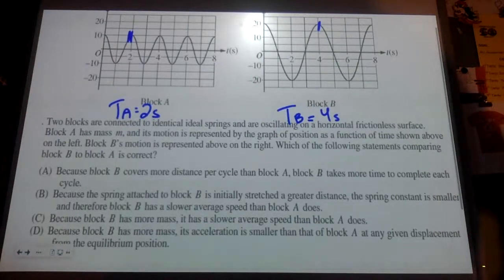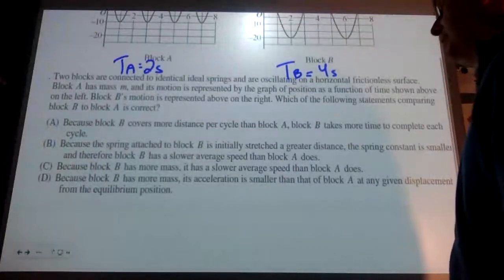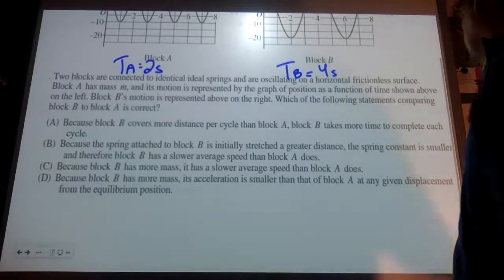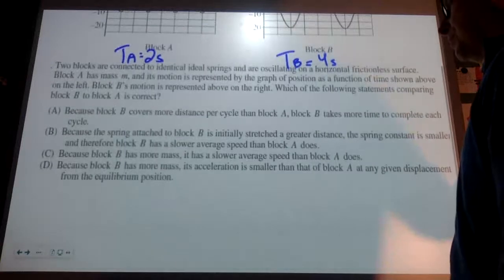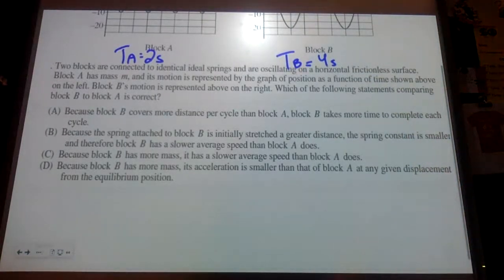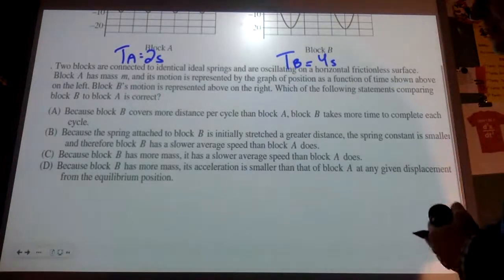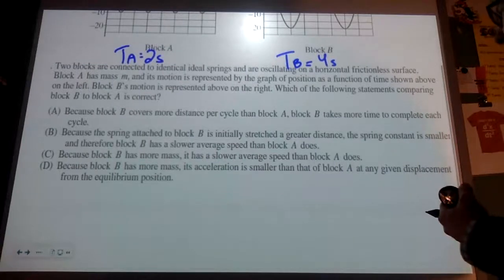Because the spring attached to block B is initially stretched a greater distance, the spring constant is smaller, and therefore block B has a slower average speed than block A does. Because block B has more mass, it has a slower average speed than block A does. Because block B has more mass, its acceleration is smaller than block A at any given displacement.